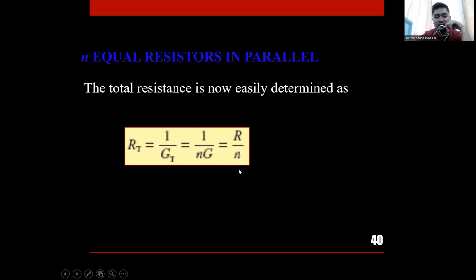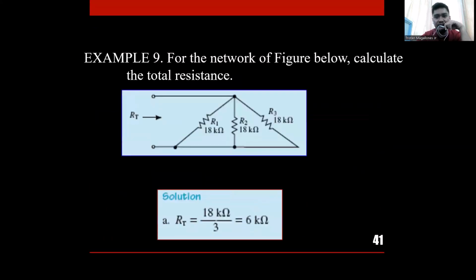So for us to get the total resistance, that will be just equal to R divided by N. For example, if we have here a parallel network which has the same values, that is 18 kilo ohms, we just divide that value by the number of elements. We have 3 elements in parallel, so the total resistance there will be just 6 kilo ohms.